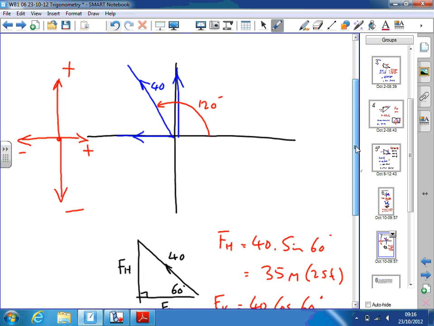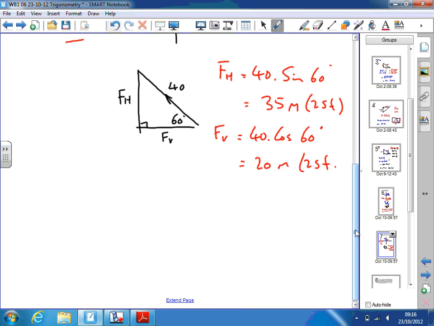And then finally I would say that my horizontal component is positive 35 metres, so I know that's up. Well, I've got that the wrong way around. How about now? That should be the vertical and that should be horizontal. Then this will be positive and that will be negative.